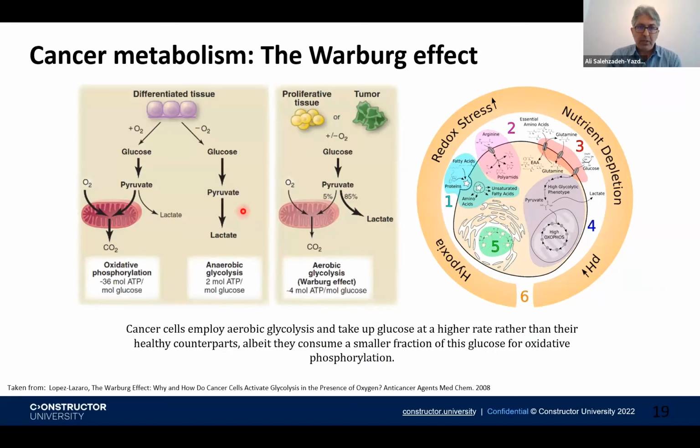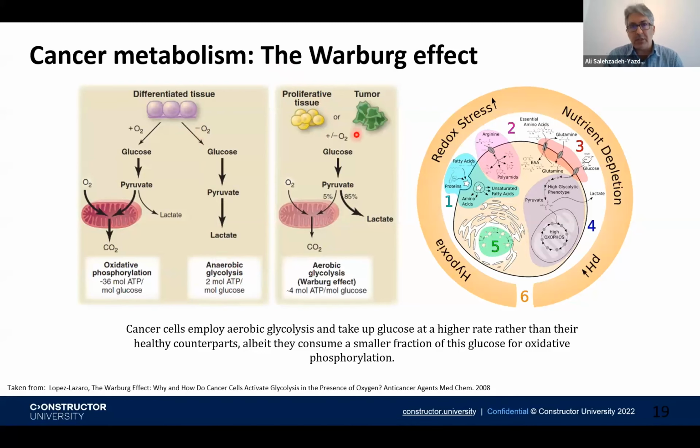As I depicted here, the normal cell, the differentiated tissue, in the presence or absence of oxygen, shows two different behaviors. In the presence of oxygen, glucose is metabolized to pyruvate, which enters the mitochondria and produces ATP. For each glucose, we produce almost 36 ATP, but in the absence of oxygen, we have another fate that produces lactate at the end and 2 moles of ATP for each mole of glucose.